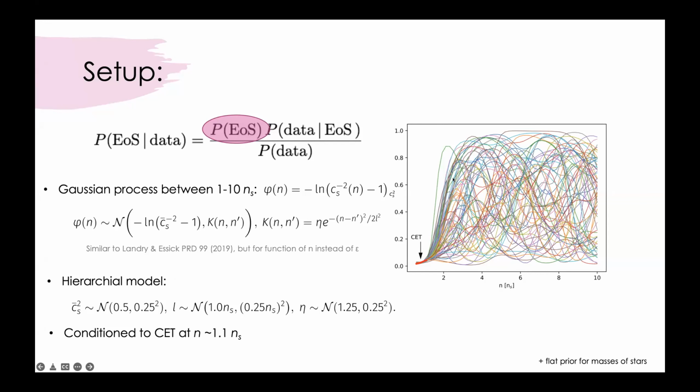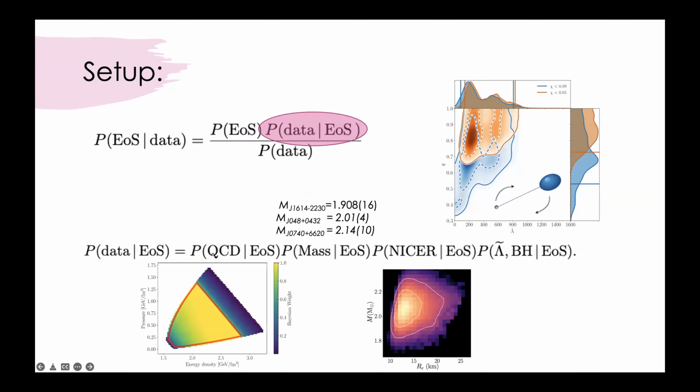Here is an example of a few samples of our prior, which have been already conditioned to have the correct behavior at low densities. And you can see that they're very versatile at higher densities to have all kinds of functional forms there. And once we have constructed our prior, we condition the prior with the likelihoods that we get, and the data that we use is the data that I discussed earlier.